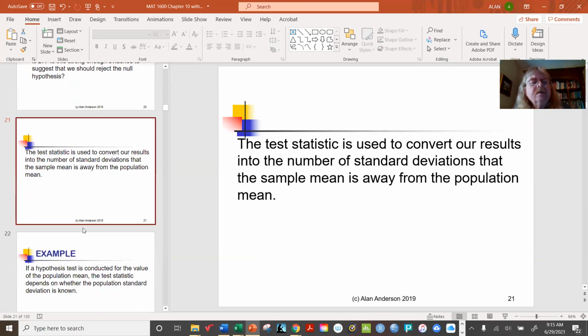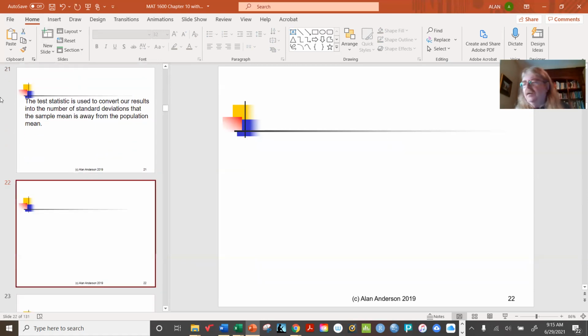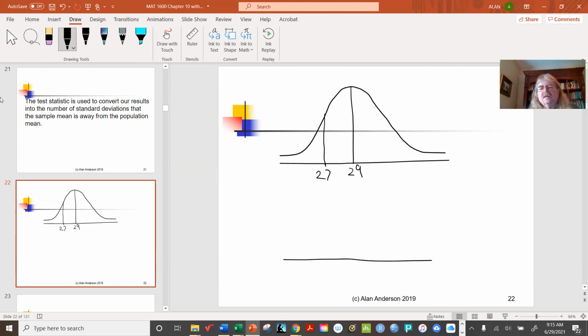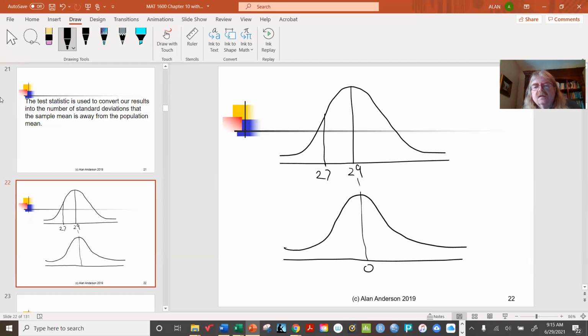So let's just say, and I'm going to make these numbers up right now, that we have two graphs, the original data where the mean is 29, or the hypothesized value is 29. Our sample mean is 27. If I convert these into standard normal form, suppose that 27 is only one standard deviation below the mean.